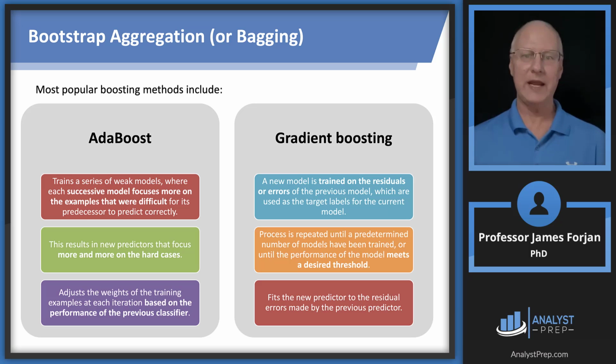Now, what the gradient boosting is, on the other hand, is that we're going to still use our error terms. But what we're going to do is we're going to put this algorithm so that we're overcoming some kind of a predetermined threshold.